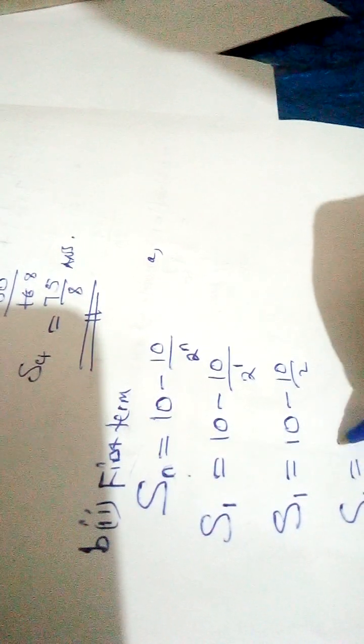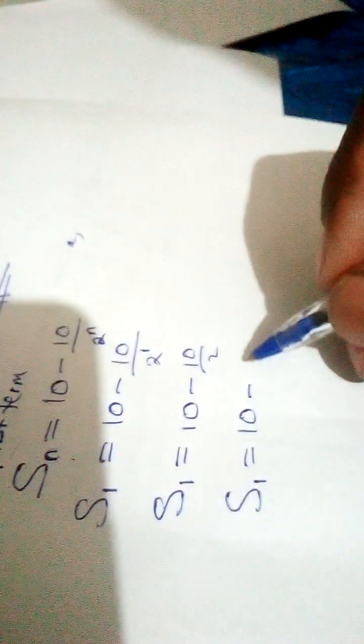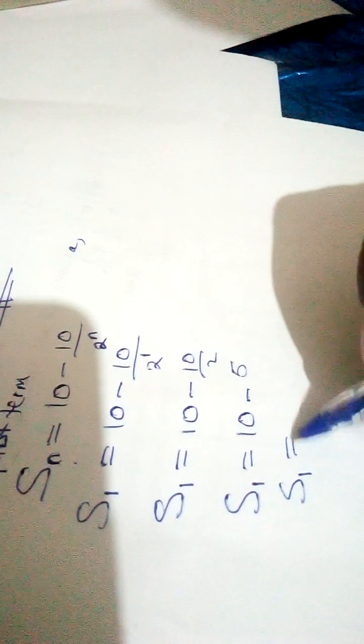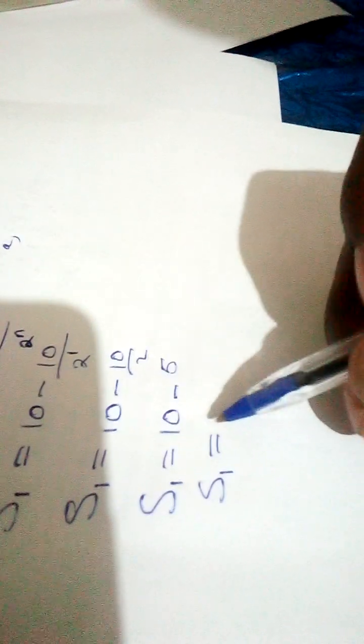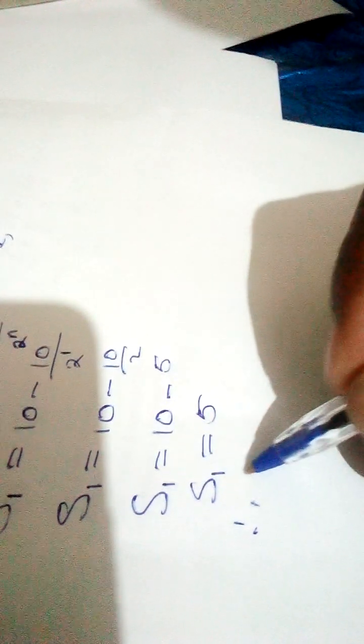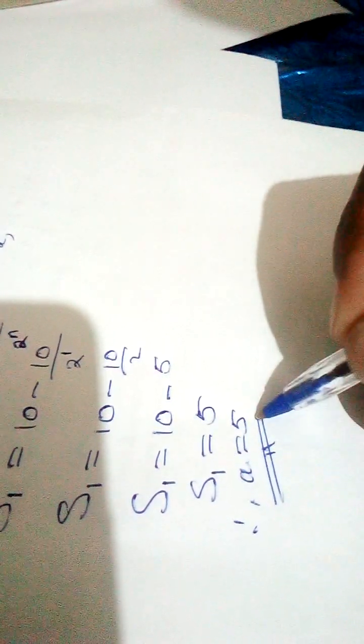This will give us 10 minus 2 into 10, which gives us 5. Therefore, S1, the sum of the first one term, will be 10 minus 5, that is 5. Therefore, we can say the first term A is actually 5, and this is the answer to this question.